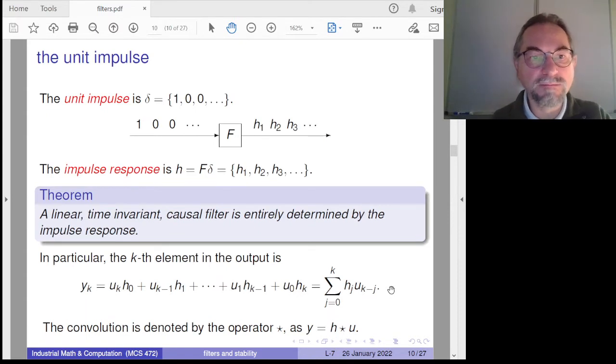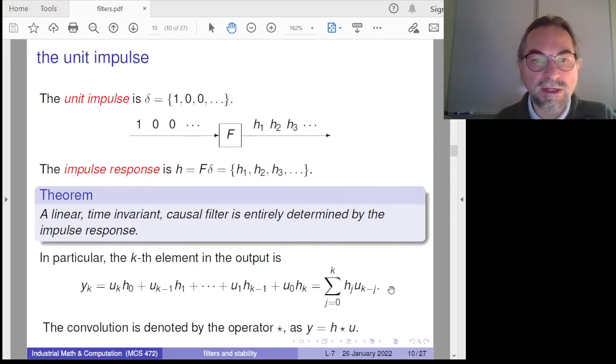Okay, what is now so important about these linear time invariant and causal filters? Well, if you know what the filter does to the unit impulse, which is a very basic signal, it's 1 and then it remains 0 for the rest of time.